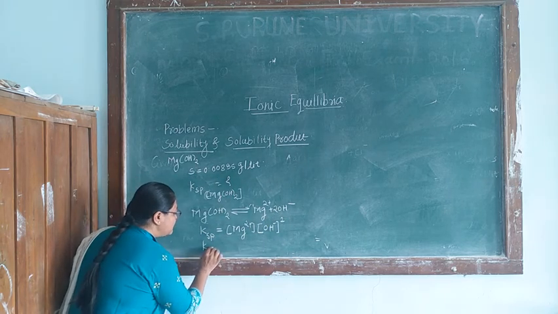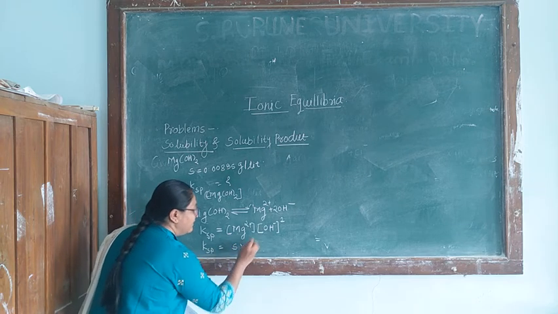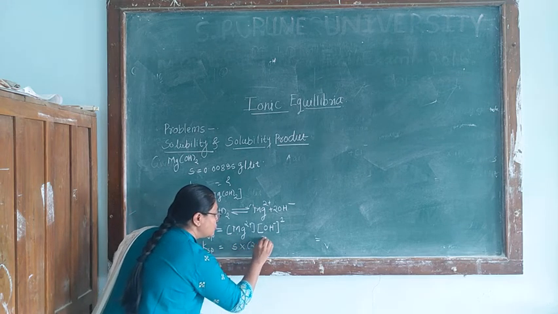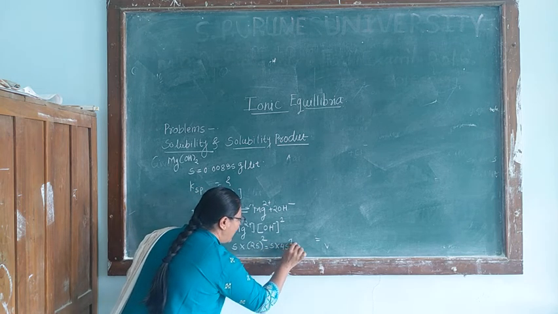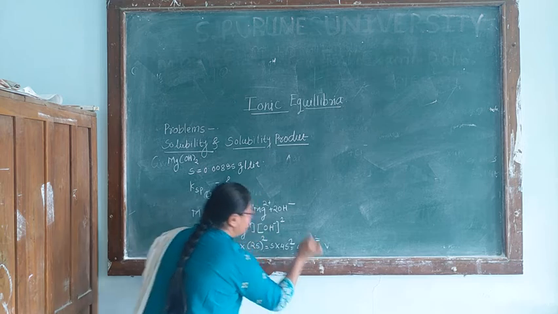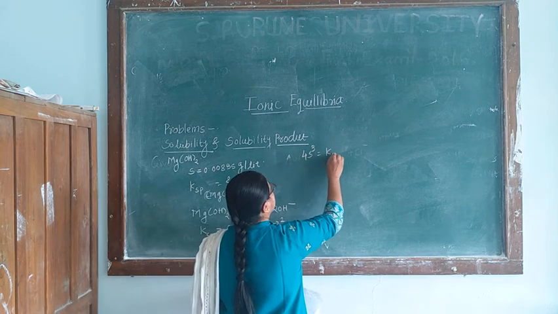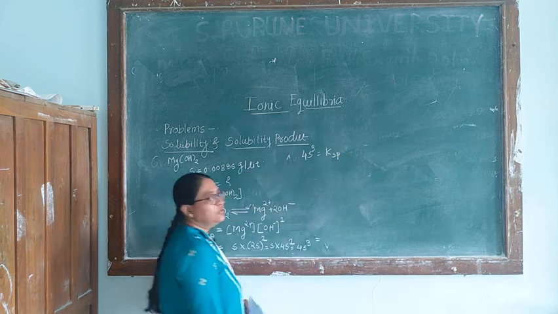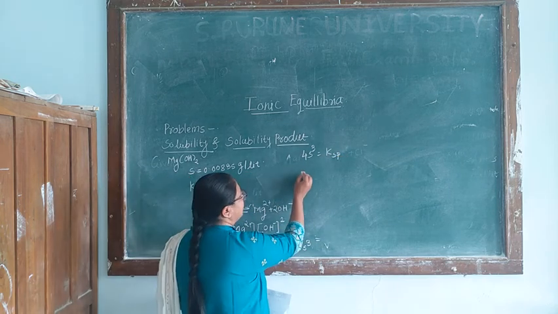In terms of solubility, this will be only s, while this is 2s raised to 2. That means s into 4s square, that is 4s cube, is equal to Ksp. This is the relation between solubility and the solubility product for magnesium hydroxide.